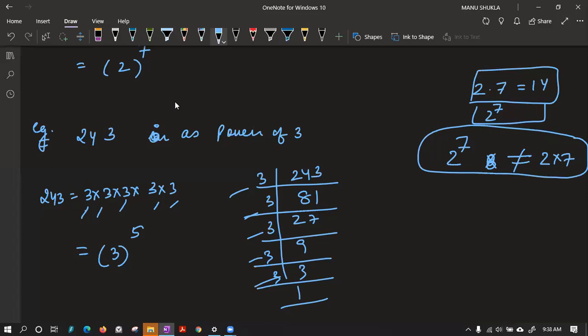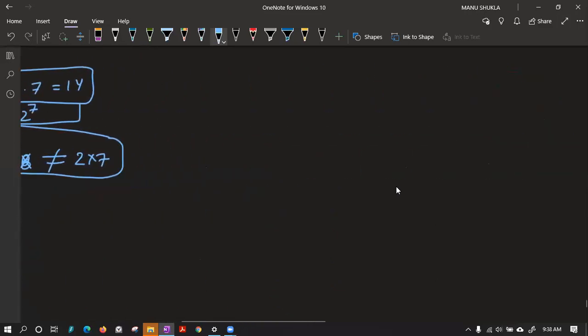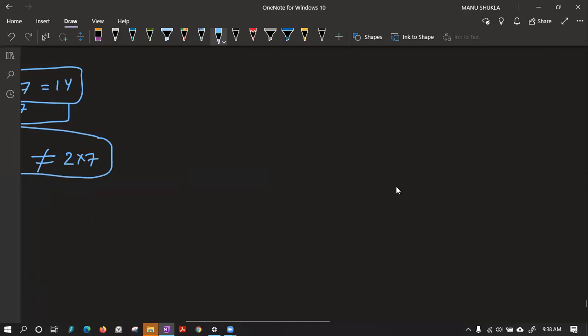Now, Abbas, I am coming to your doubt. It is very important to understand, class. Let me tell you one thing. We have seen repetitive addition is known as, class, please tell me, repetitive addition is known as multiplication.